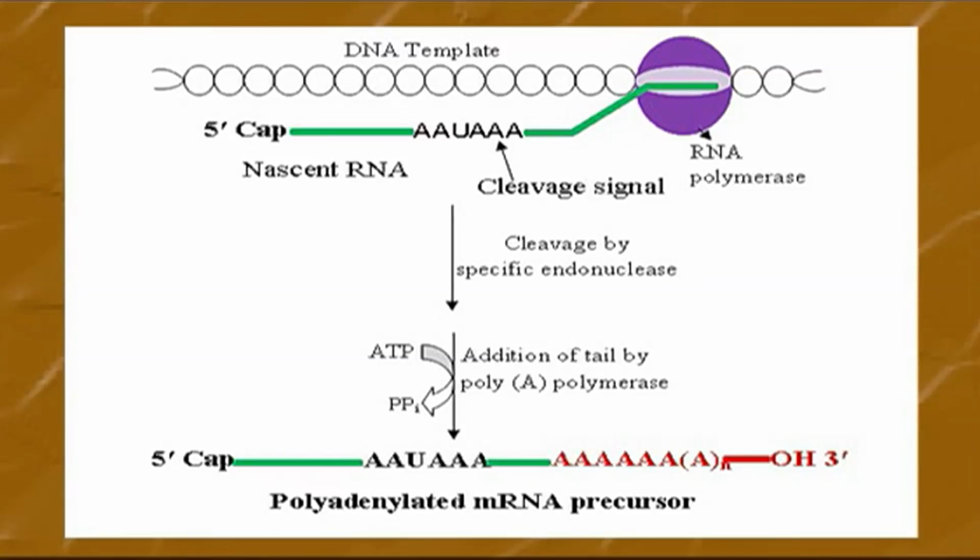The sequence AAUAAA in mRNA 3' end seems to be common in eukaryotic mRNA, and mutation in this sequence causes elongation of mRNA. This suggests that this sequence contains the signal for endonucleolytic post-transcriptional cleavage.